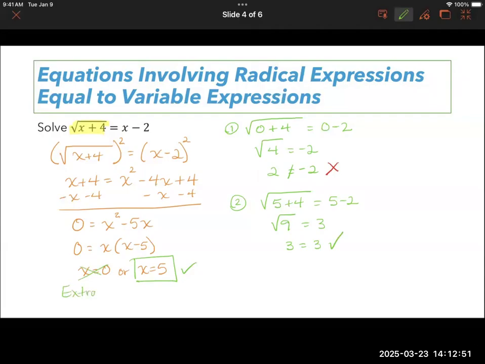And that's what we call an extraneous solution. It came up because of the steps that we had to go through, basically ending up having to solve a quadratic equation. But in reality, when I put it back into the radical, it does not work.